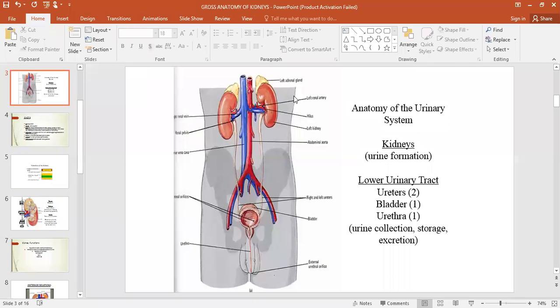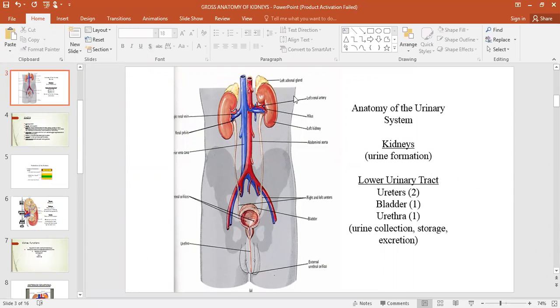So we are summarizing our discussion. Urinary tract consists of a pair of kidneys, a pair of ureters, the urinary bladder and the urethra.